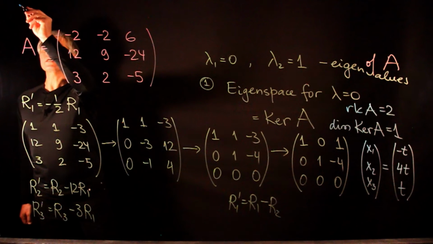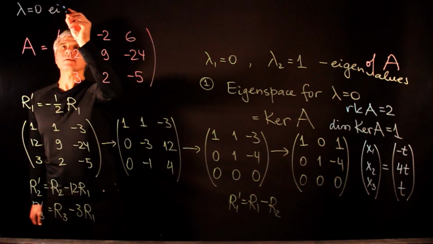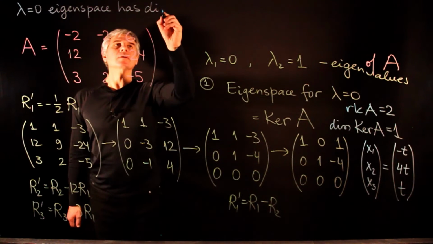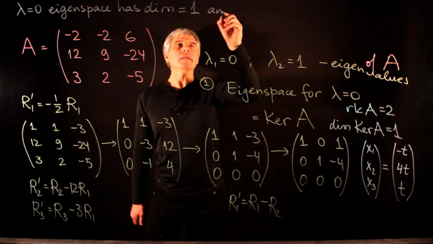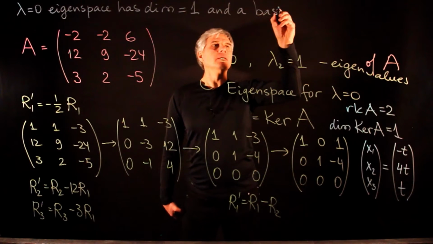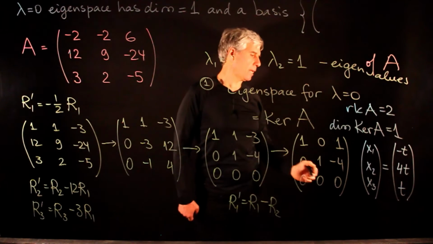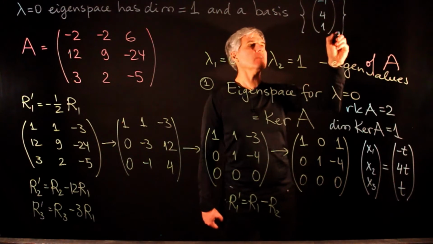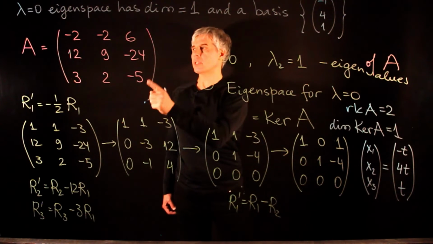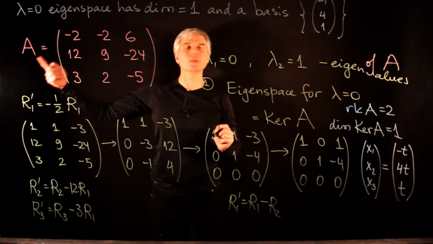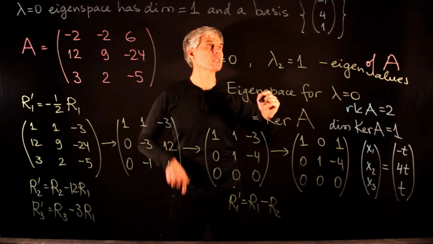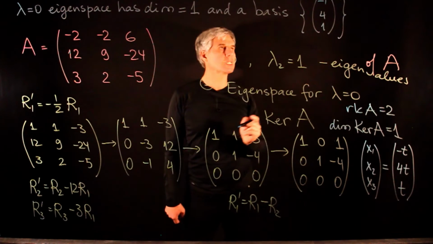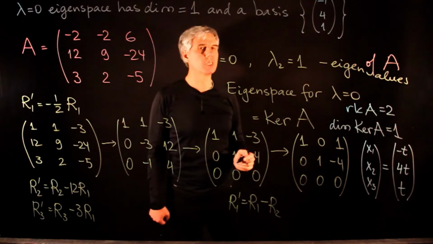Our conclusion is that the lambda equals 0 eigenspace has dimension equal to 1 and a basis that consists of a single eigenvector, which is minus 1, 4, 1. This vector is an eigenvector for this matrix with eigenvalue lambda equals 0, which means that it's killed by this matrix. Any other eigenvector corresponding to this eigenvalue is a non-zero scalar multiple of this one.